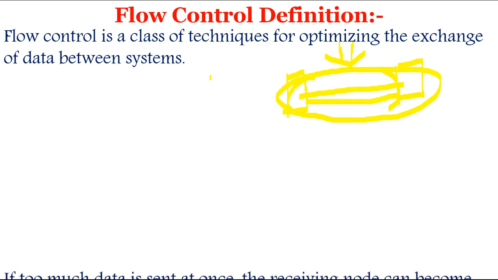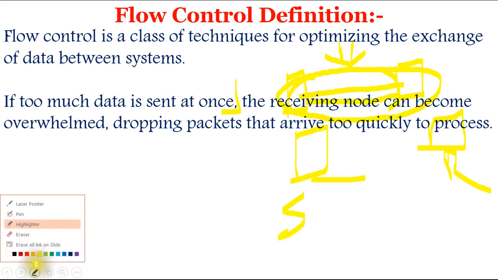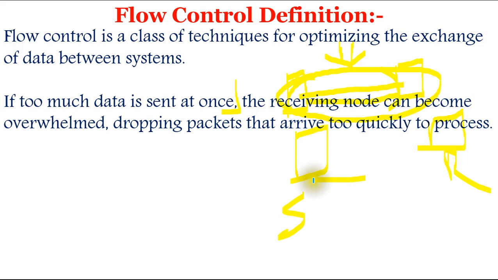For example, if too much data is sent at once, say you have one computer as the sender and this machine as the receiver, and too much data goes from sending to receiving at once, the receiving node can become overwhelmed, dropping packets that arrive too quickly to process.